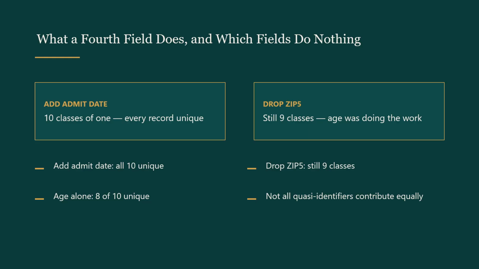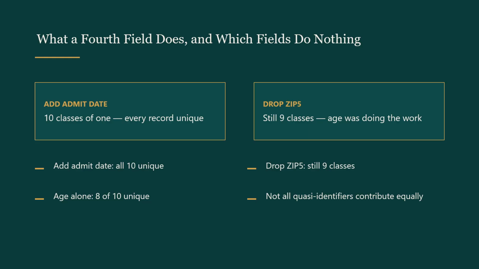Every single record is now sample unique. That is the curse of dimensionality in a sentence. Each additional quasi-identifier multiplies the cell space and can only ever split classes, never merge them. Adding fields never makes a table safer.